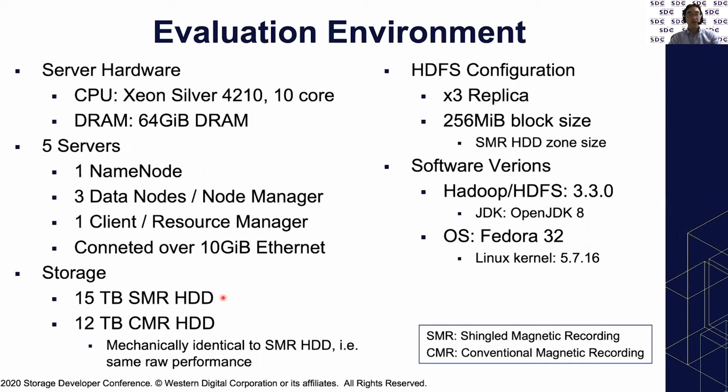One HDD is SMR, Shingled Magnetic Recording HDD, as the zoned block device. The other HDD is CMR, Conventional Magnetic Recording storage, for comparison. These two HDDs have different capacity but have identical mechanics. So raw I/O performance is the same for these two HDDs.